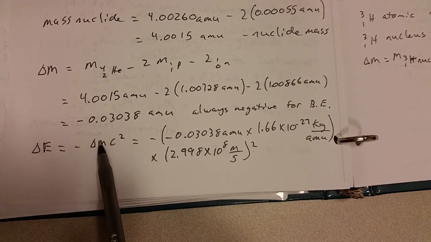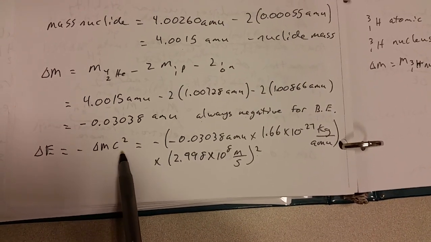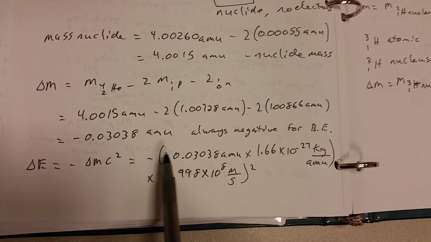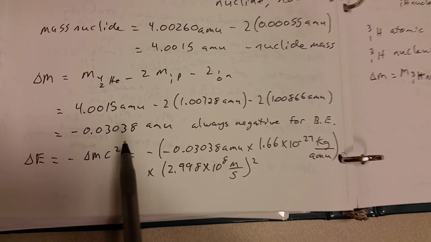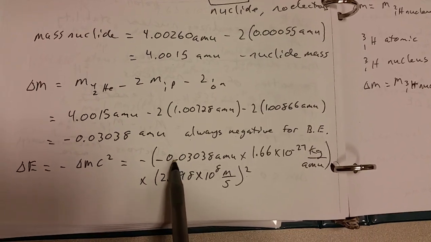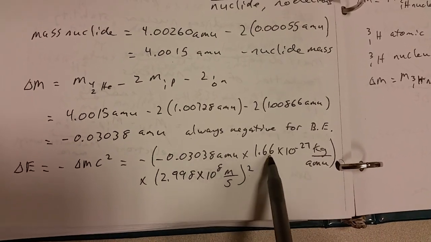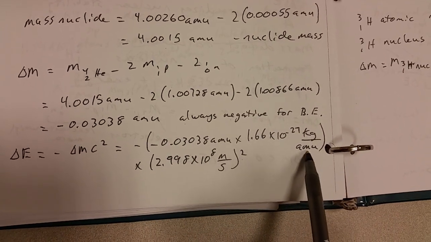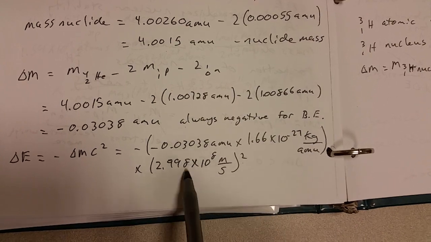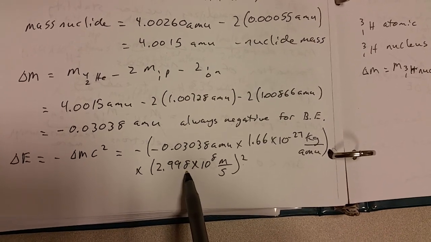We put that into the delta E equals delta m c squared equation with the negative sign, and we have to convert from AMU to kilograms in order to get delta E in joules. So we take that mass defect in AMU and multiply by the conversion factor, 1.66 times 10 to the minus 27 kilograms per AMU, and then times the speed of light squared.